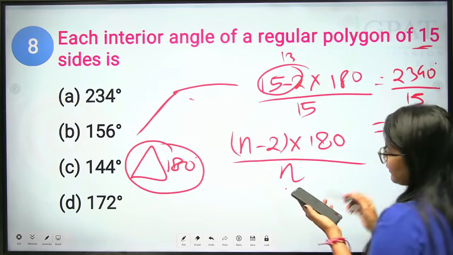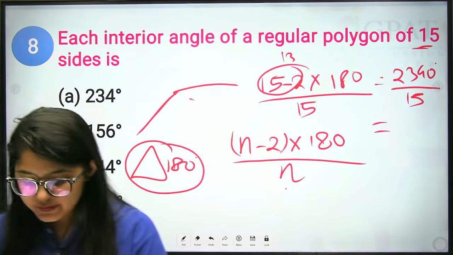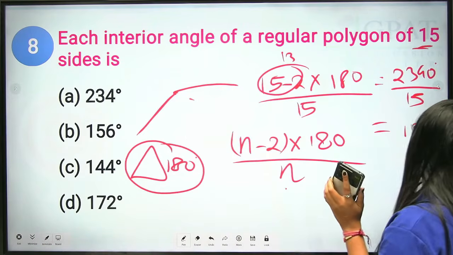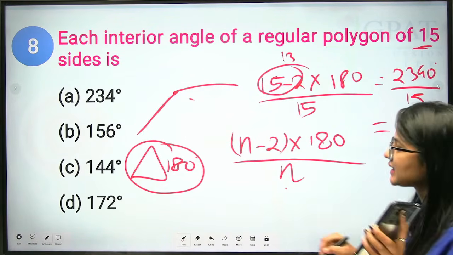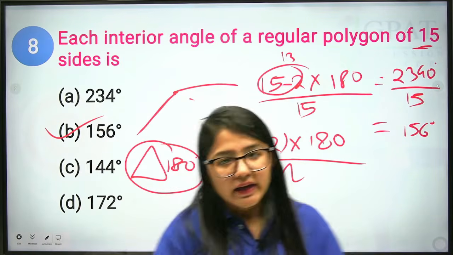Now we need to divide it. Divided by 15, it comes to 156 degrees. So the correct answer will be 156 degrees. That means option B is the correct answer.